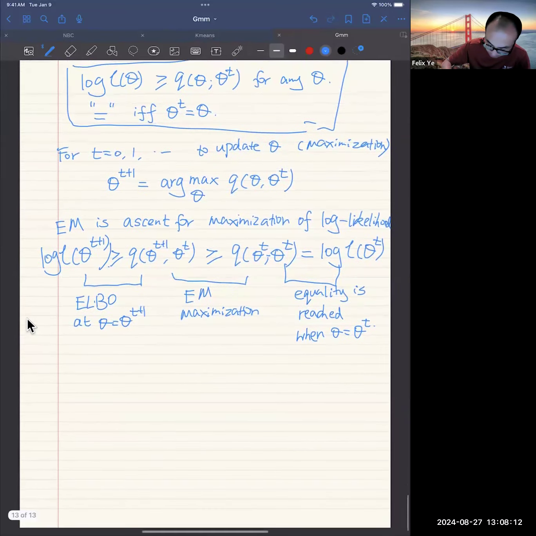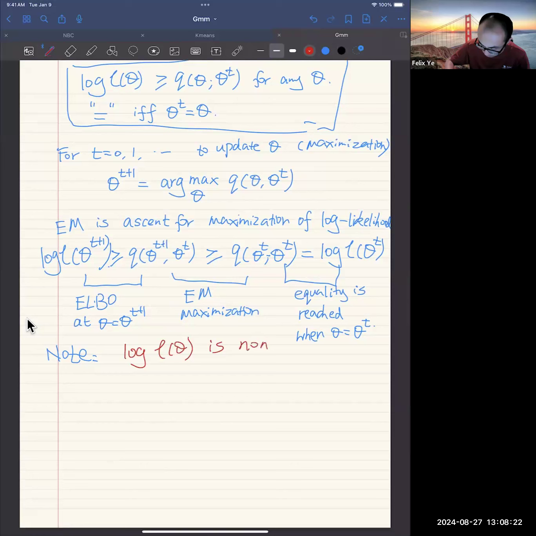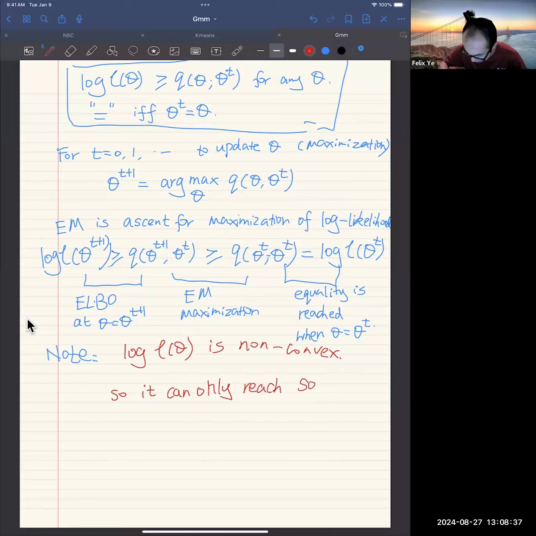And of course, note this log likelihood function is non-convex, so it can only reach some local minimums.